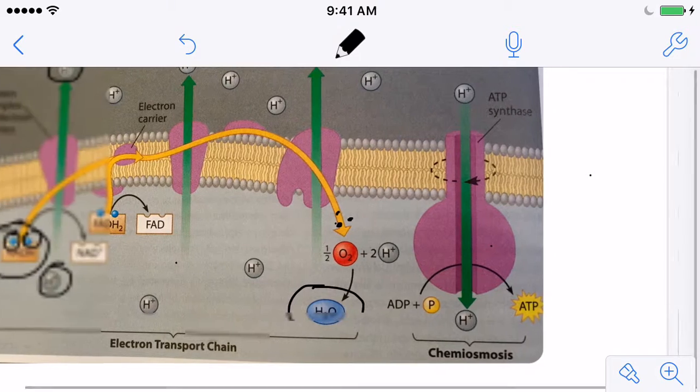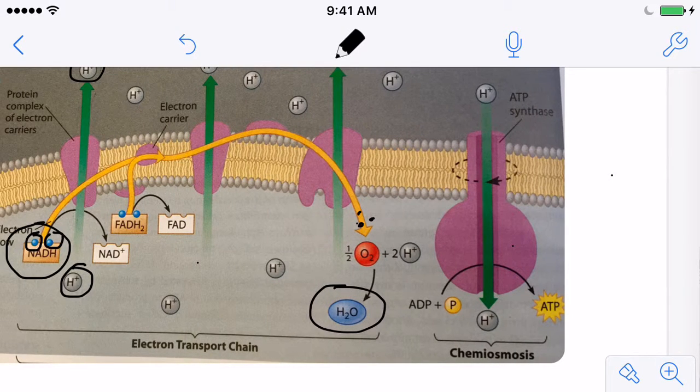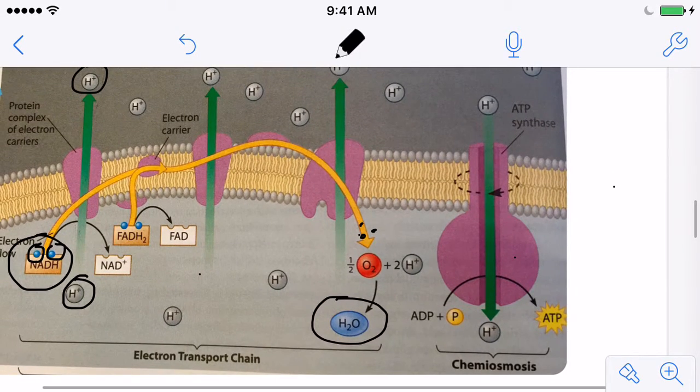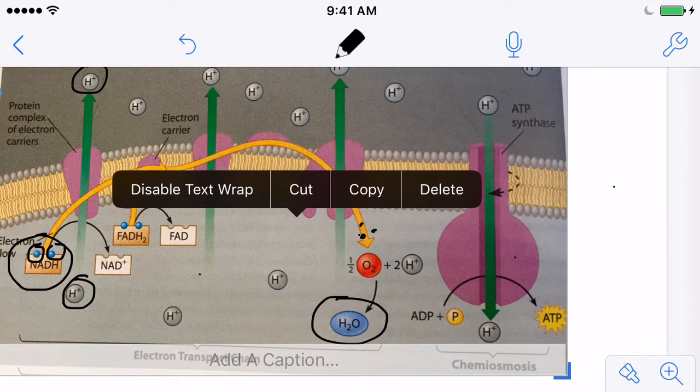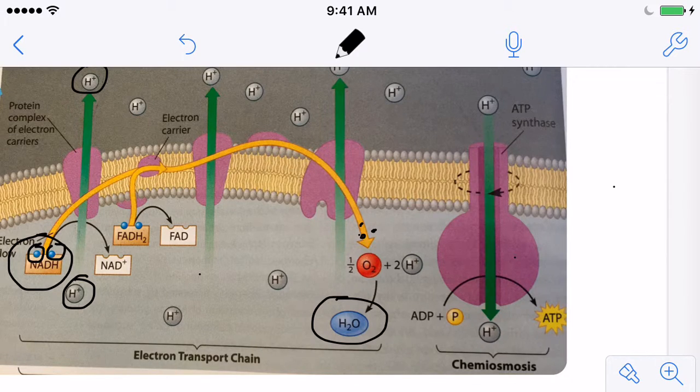This is where chemiosmosis occurs. The hydrogen molecules will flow through the ATP synthase complex and spin it. This spinning will create catalytic sites that take the ADP and phosphate group and turn them into ATP.